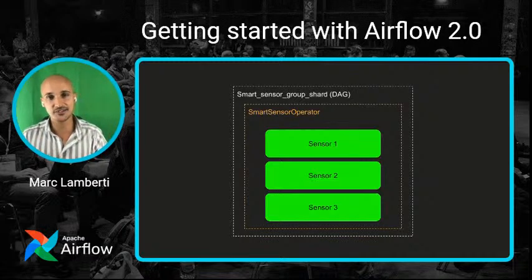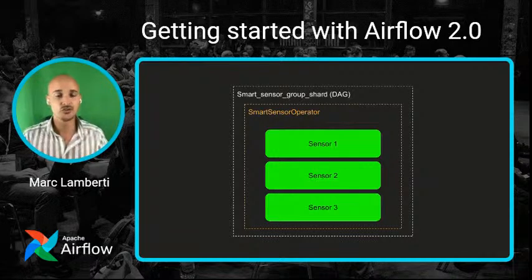If you have some sensors that are duplicates, so waiting for the same thing, you won't have a duplicate. You will end up with only one sensor managing all the sensors that are duplicates. And last but not least, it reduces the number of heartbeats.